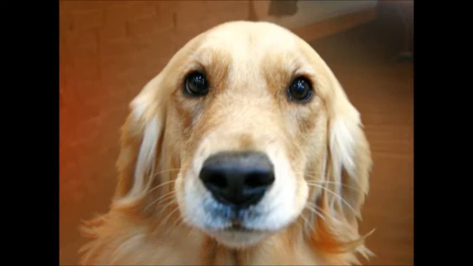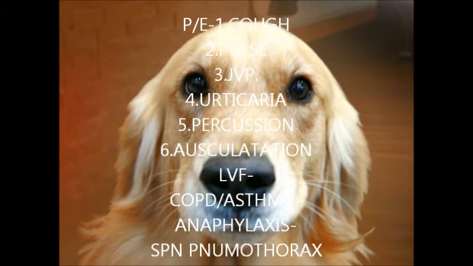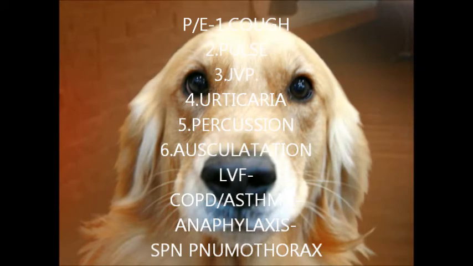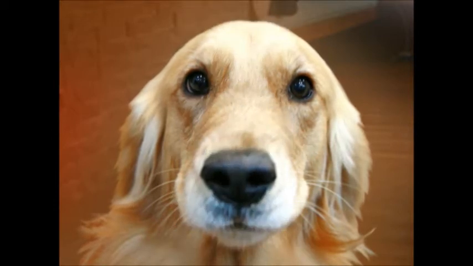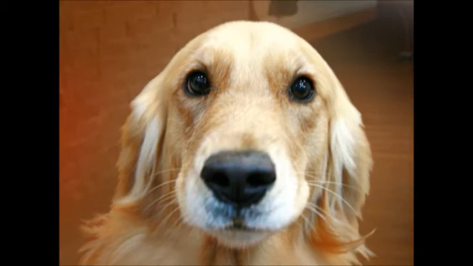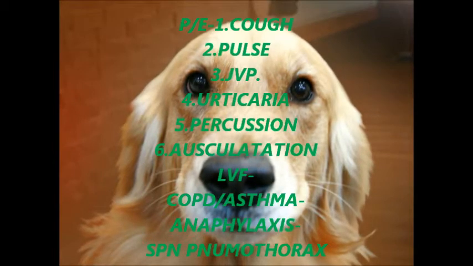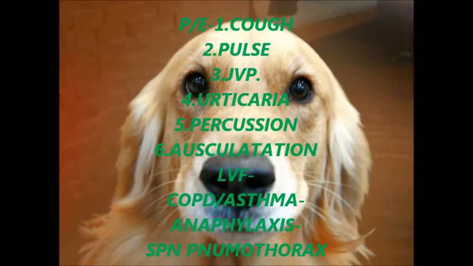Next we will see the cough, which is usually present in pneumothorax, left ventricular failure and foreign body. Thirdly, we will see the pulse, in which if we find a pulsus alternans, then we may suspect LVF, and if we find pulsus paradoxus, we can suspect acute severe asthma.